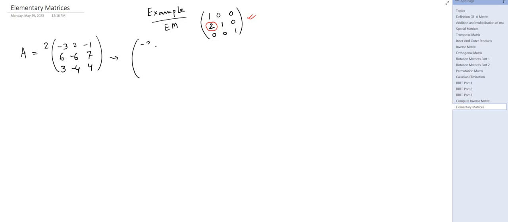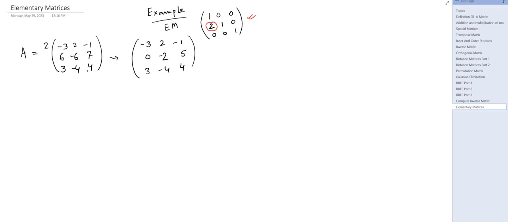So that means my -3, 2, -1 will be as it is, but this one will create 0, and 2 into 2 is 4, minus 6, so -2, 5, and then 3, -4, -4.